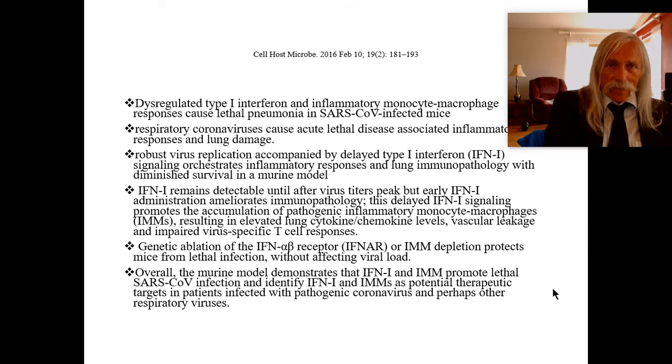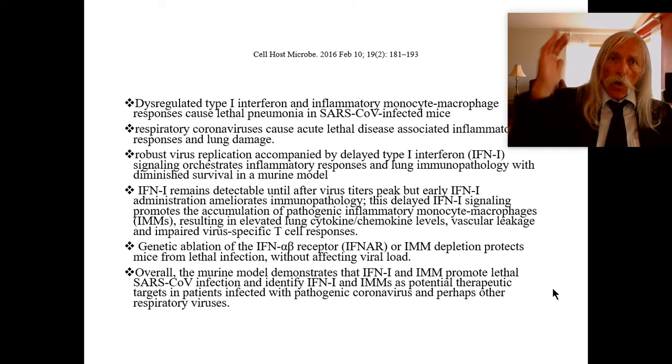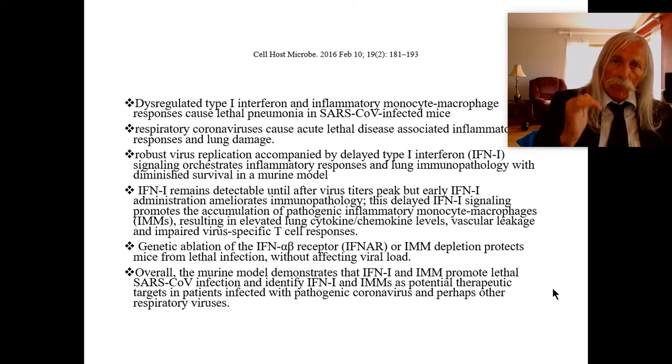This delayed interferon 1 signaling promotes the accumulation of pathogenic inflammatory monocyte macrophages. A delayed interferon response, bad. An early precocious interferon response, good in terms of controlling the disease, lowering viral titer, and preventing excessive morbidity and mortality. Right? That's a take-home message.